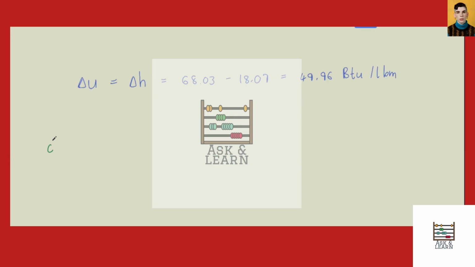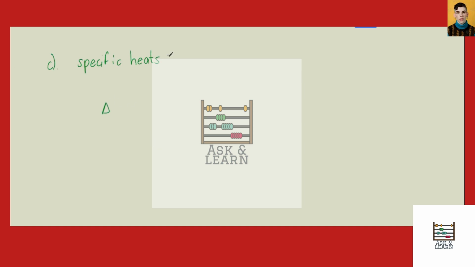Now finally, for part C, we'll use specific heats. And using specific heats, we'll take the specific heat of water to be 1 BTU per pound R. So in this case as well, delta H is equal to delta U, as in the case above. And this is simply C delta T, where C is the specific heat and delta T is the change in temperature.